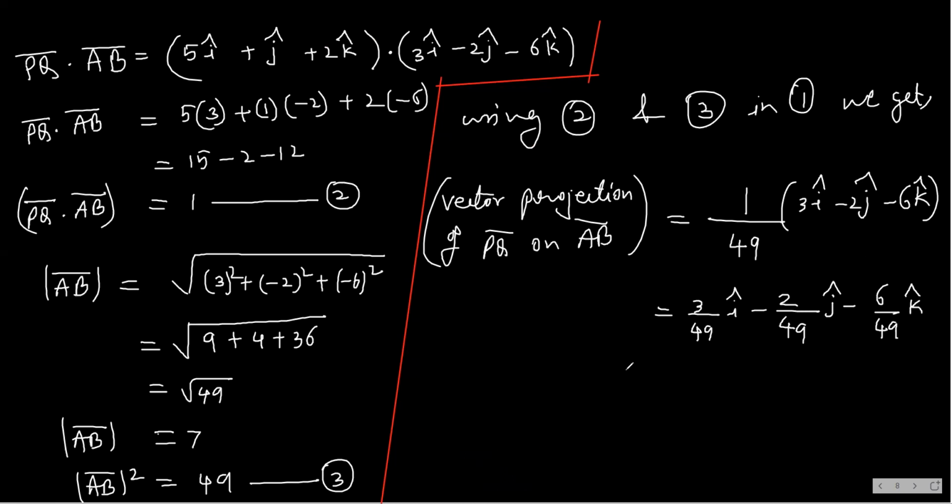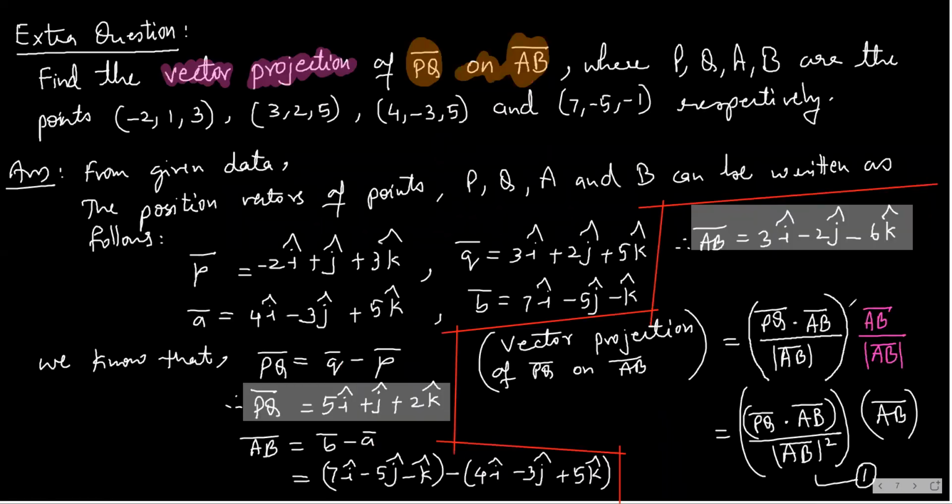This is the answer. I hope you followed it. Please go through this. Remember, if they had asked you only the scalar projection, you would have written only this much.